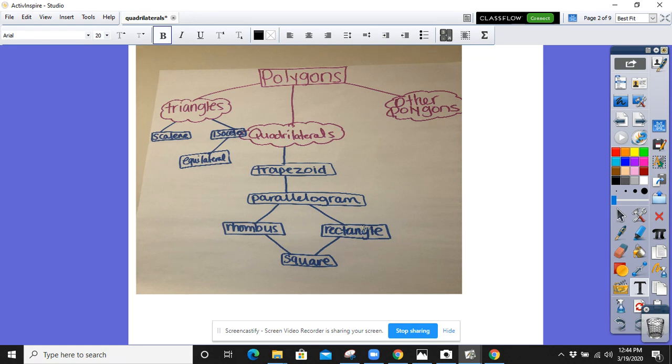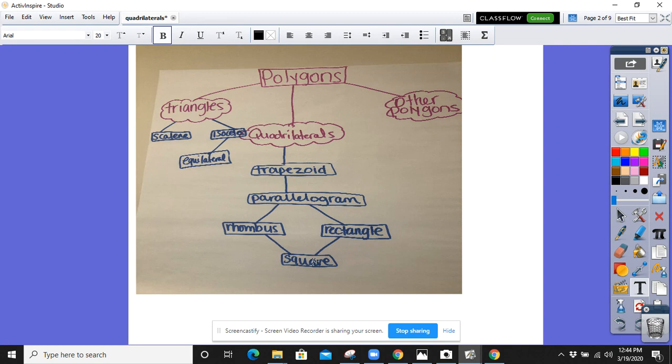I can't say the same about a rectangle. A rectangle is always a parallelogram, a trapezoid, a quadrilateral, a polygon. But a rectangle is not always a square. It's only a square when all of the sides are equal. So again, it's a little bit of a mind shift, and it's hard to keep these characteristics straight.